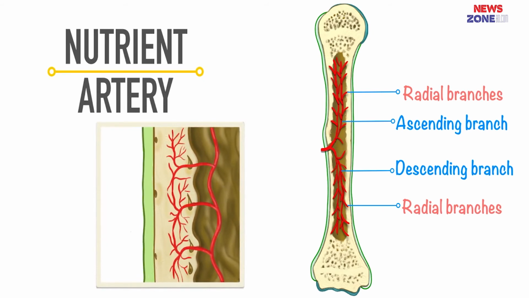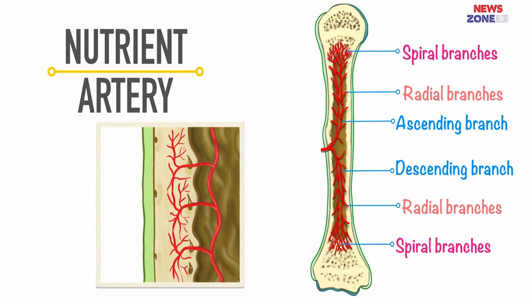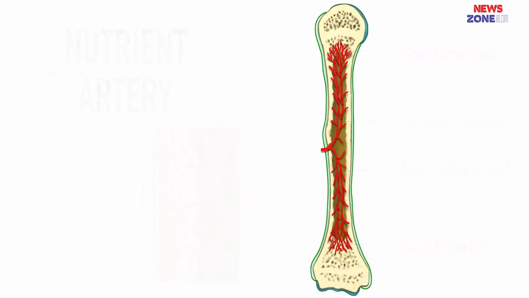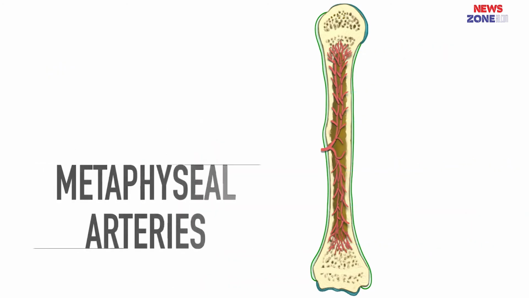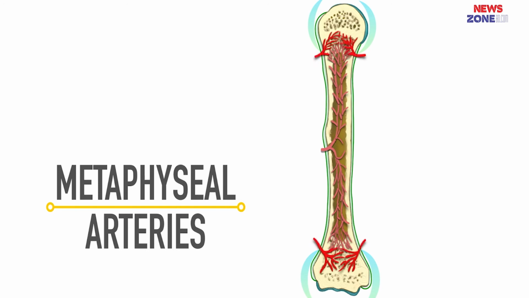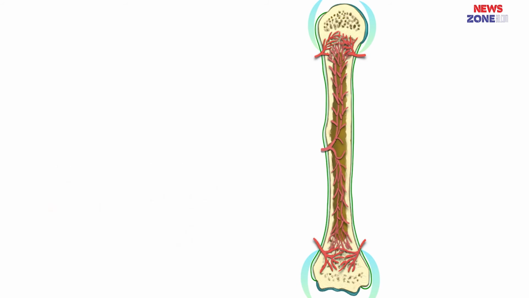At the metaphysis, the ascending and descending vessels divide repeatedly into smaller spiral vessels which are joined by metaphyseal and epiphyseal arteries. Metaphyseal arteries arising from the anastomosis around the joint enter the metaphysis at the margin of the joint capsule attachment. These metaphyseal arteries anastomose freely with the spiral branches of the nutrient arteries, making the metaphysis the most vascular area of the long bone.